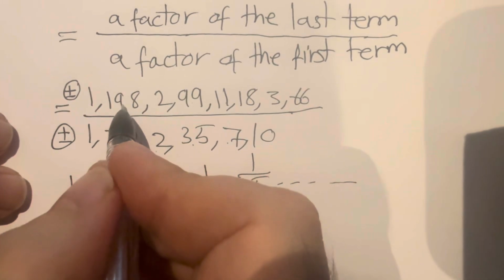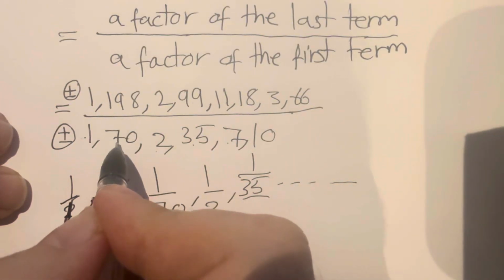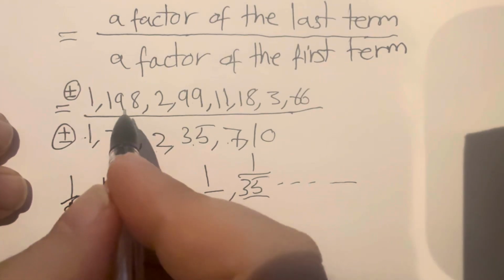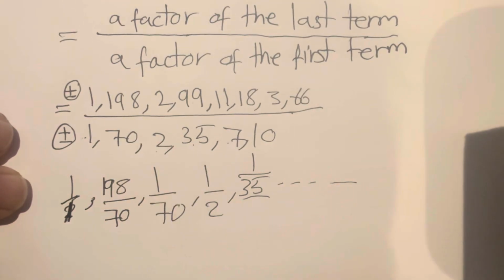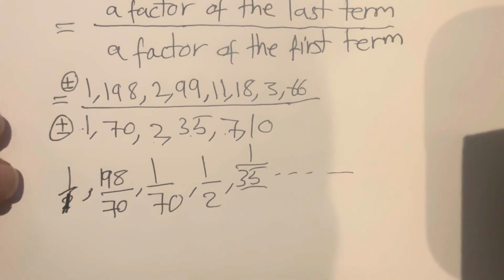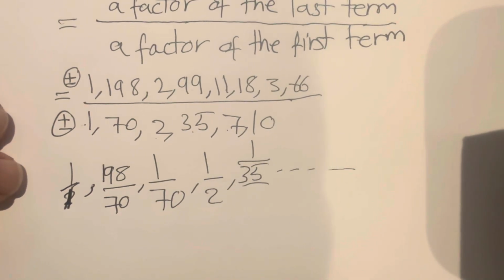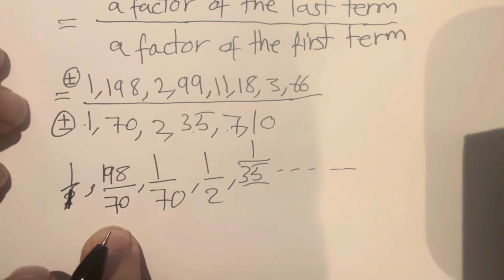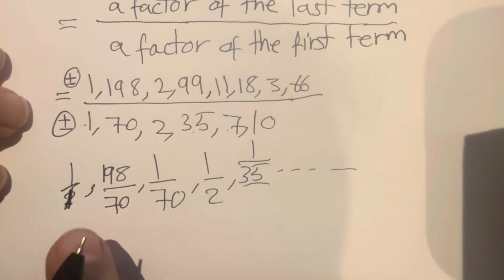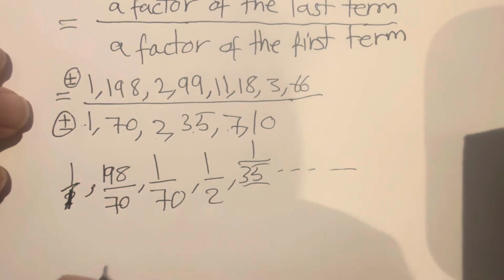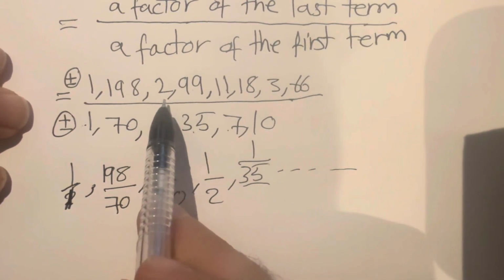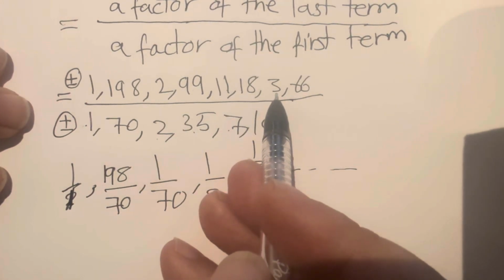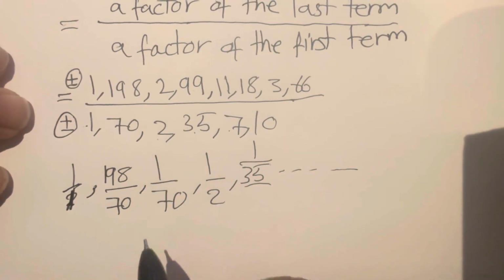For example, 198 divided by 70, 198 divided by 2, 198 divided by 35. We have to calculate all the numbers and all the fractions or integers, because it could be an integer or it could be a fraction. Out of these, 3 over 2 is one of the roots.